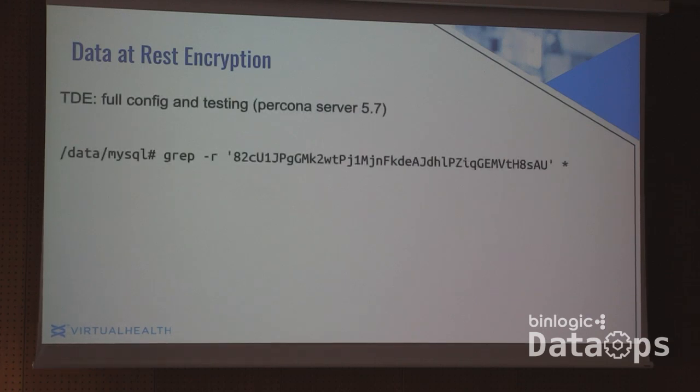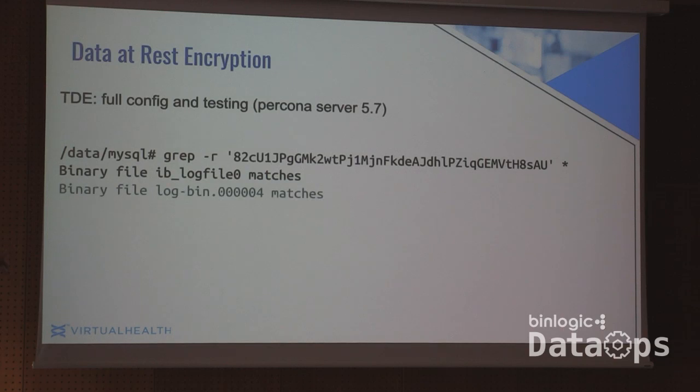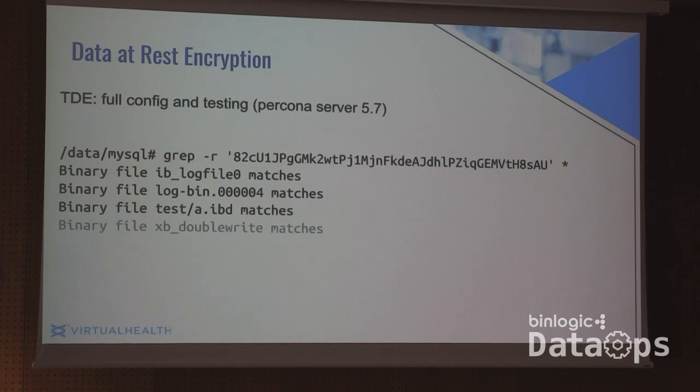simple grep, and I found the IB log file, which is the redo log; the binary log, which is for replication; the actual table where it resides, you remember I created the A table; and then finally the doublewrite, which is another layer in MySQL.